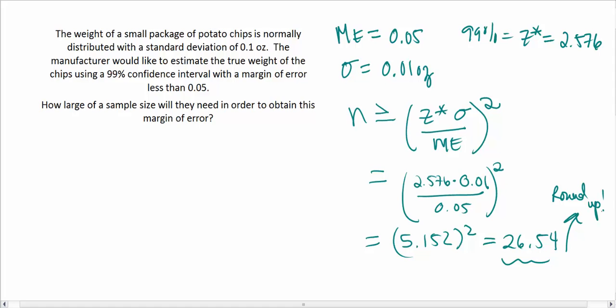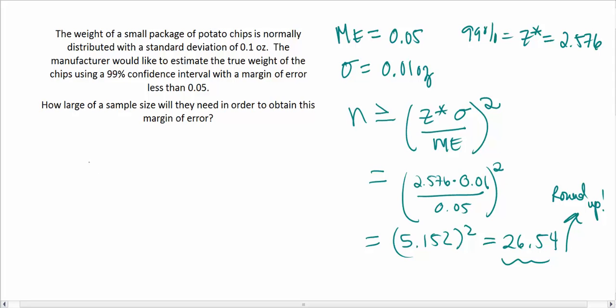The reason being is that we want a sample size that will give us a margin of error of 0.05 or less than that. So if we were to only put in 26 or round down, then it would be really, really close to 0.05, but it would still be a little bit bigger than that. So if we always round up, then we'll always have at least that small of a margin of error.